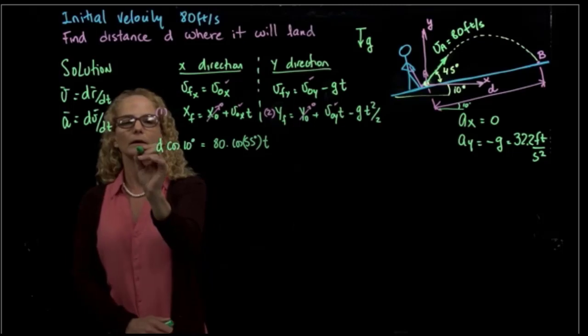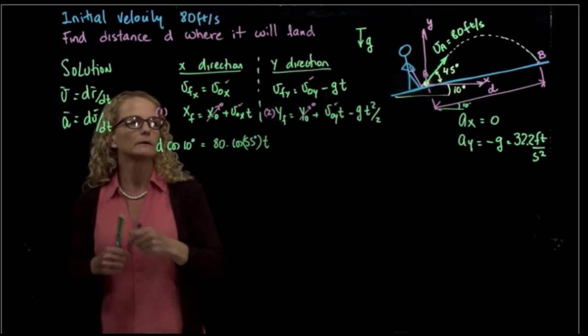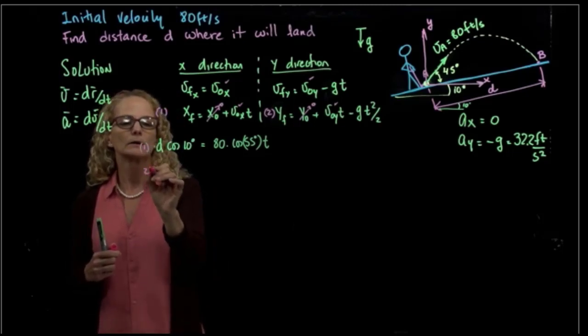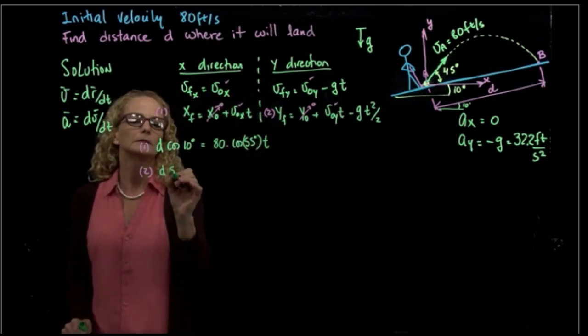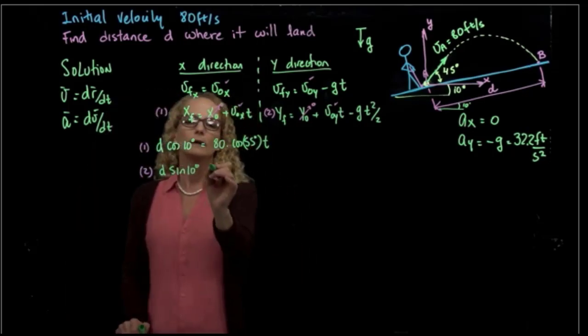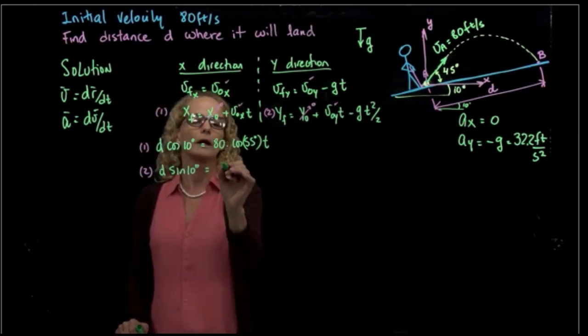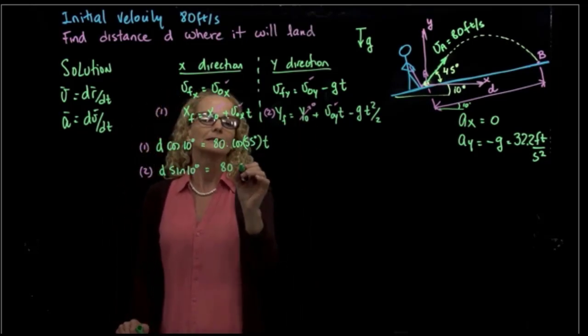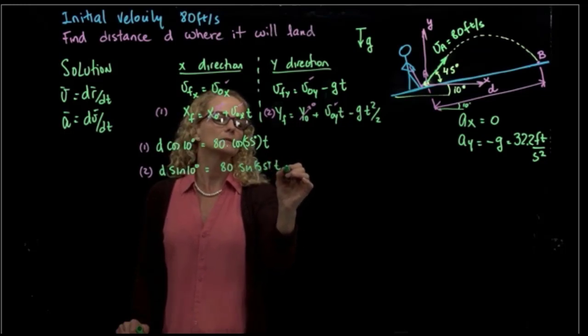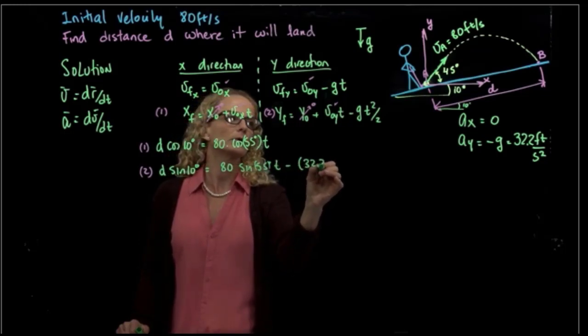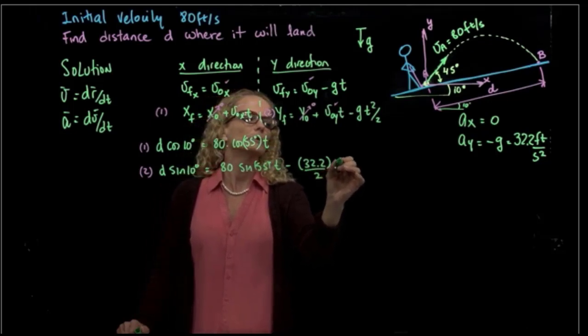This is my first equation, right? And the second equation, I will write right here, will be D sine of 10 degrees equals 0 plus velocity, 80 sine of 55 degrees times t, minus 32.2 over 2 times t squared.